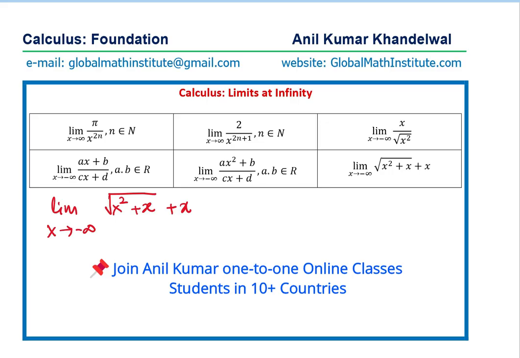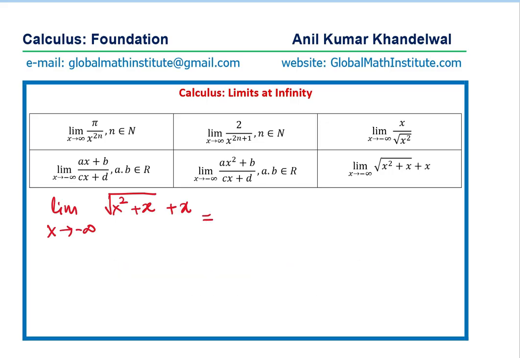Now, how do we answer this question? Let us rationalize this. So if I rationalize, what do I get? Limit x approaches minus infinity. Wherever you see a radical and you get an indeterminate case, rationalization helps. Rationalization means multiplying and dividing by the conjugate.